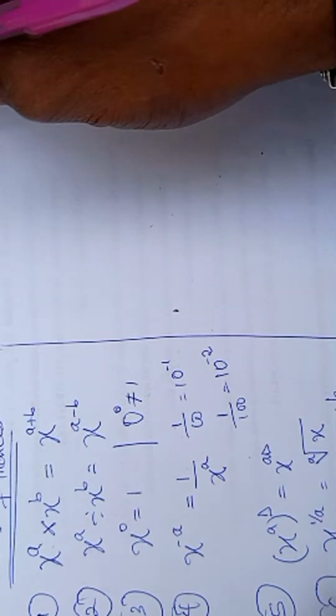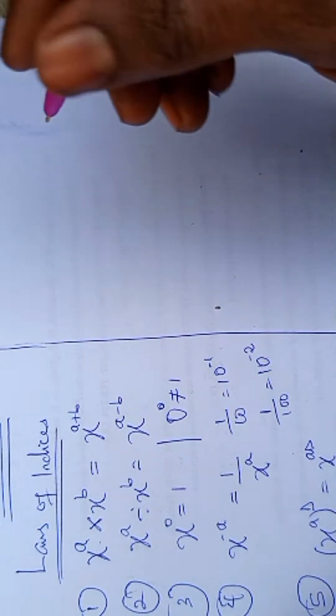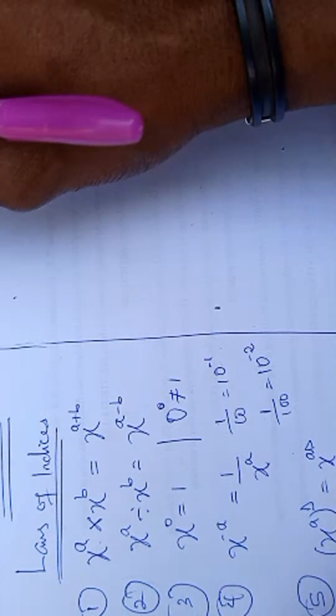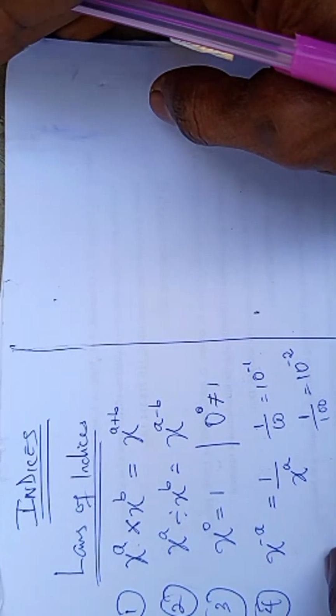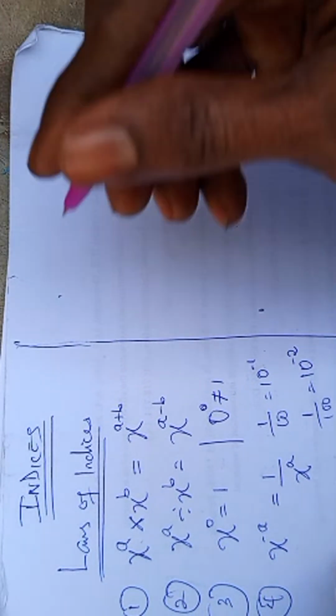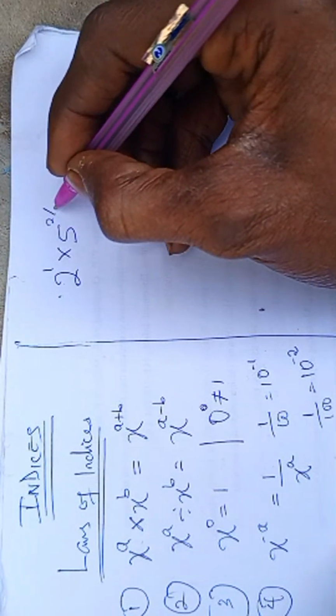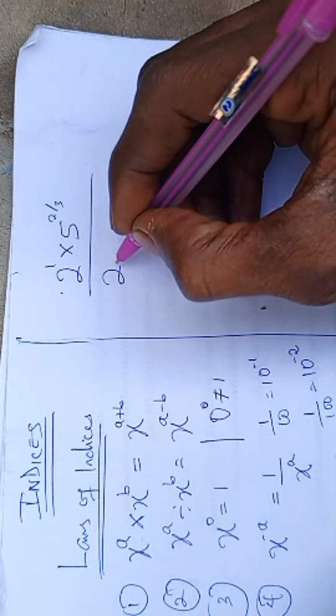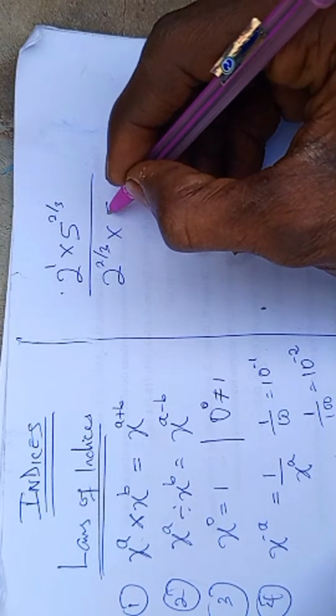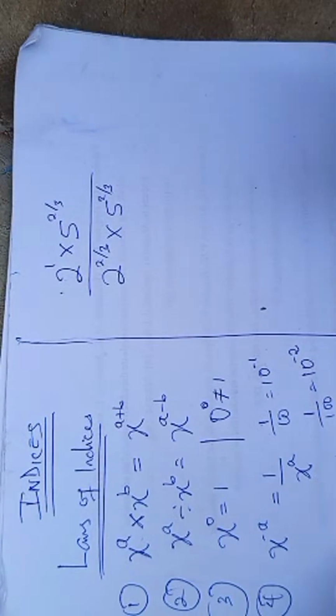Are we together? So now let me proceed. I'm going to write it down up here so we can continue extensively. So from here now, guys, I have 2 raised to the power of 1 multiplied by 5 raised to the power of 2 over 3, then divided by 2 raised to the power of 2 over 3 times 5 raised to the power of 2 divided by 3.